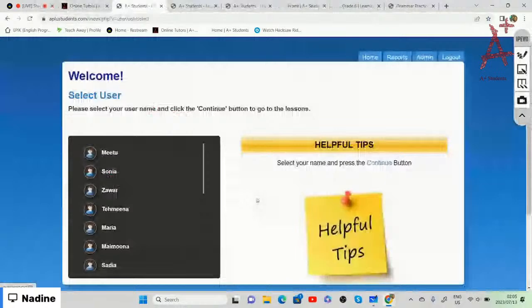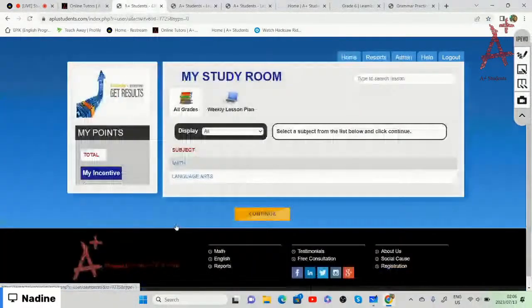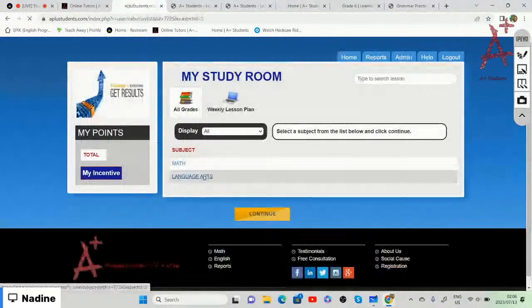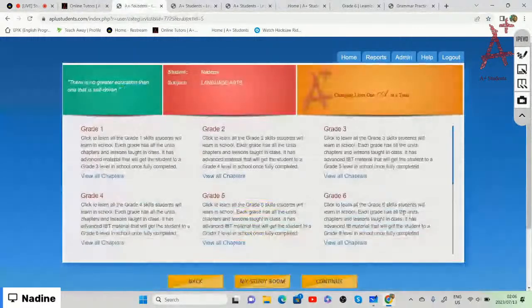Once you've logged in with your username as well as your password, you're going to select the subject of language arts and then grade 6.